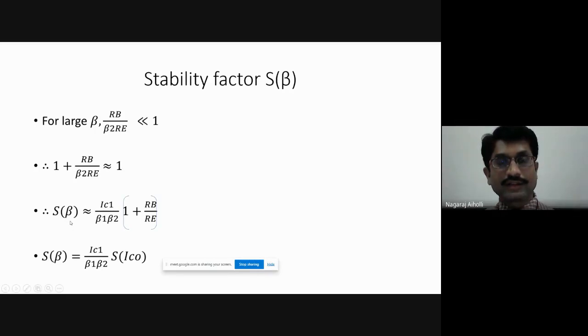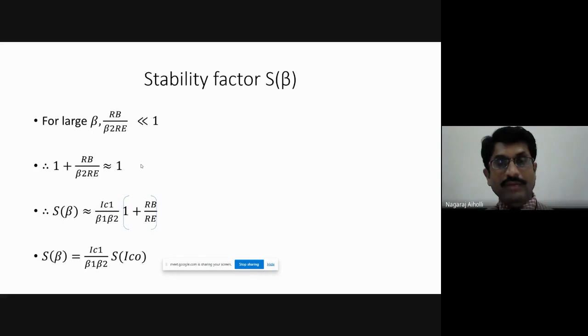Abhay? Sanket? Whether 1 plus RB by RE should be less or more, if you want S of beta less? Sania? Ankita?